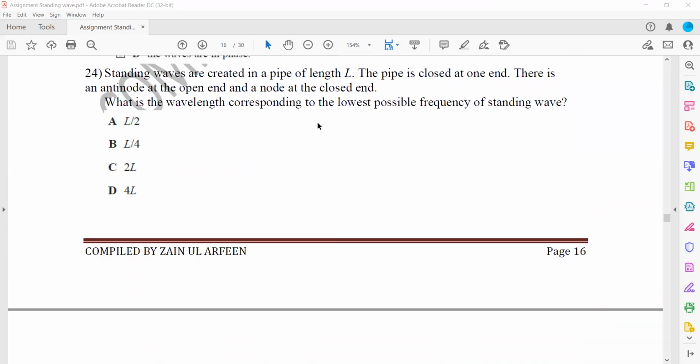Standing waves are created in a pipe of length L and it's closed at one end. There's a node at the closed end and antinode at the open end. Means this is the pattern of the vibration. Antinode is there and node.